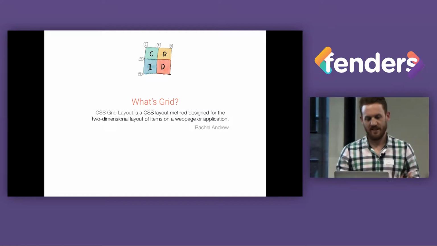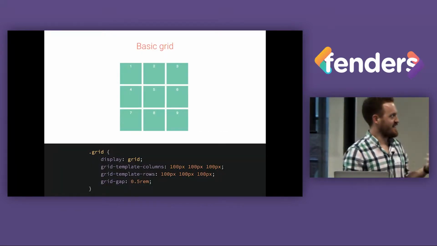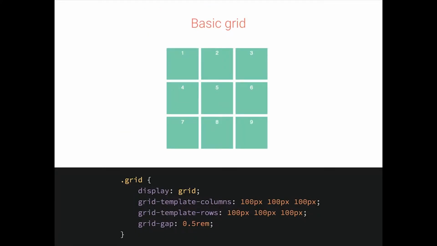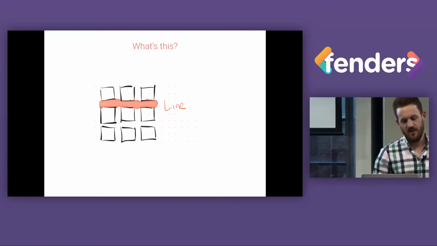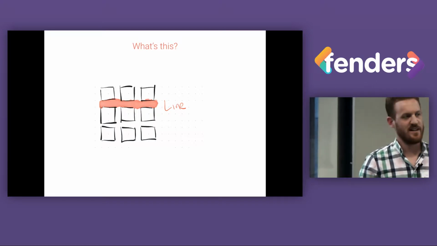So the most basic grid that we can have is essentially this, right? There's very little CSS to that, and that's the result that you get. But before we dive into that, there's a bit of terminology that comes with Grid that's important to wrap your head around, and in particular is this system of lines, so CSS or grid lines.